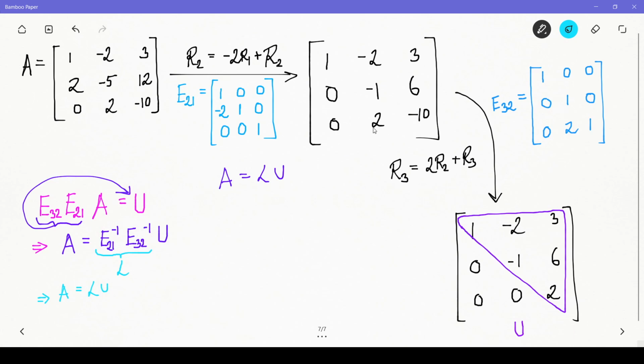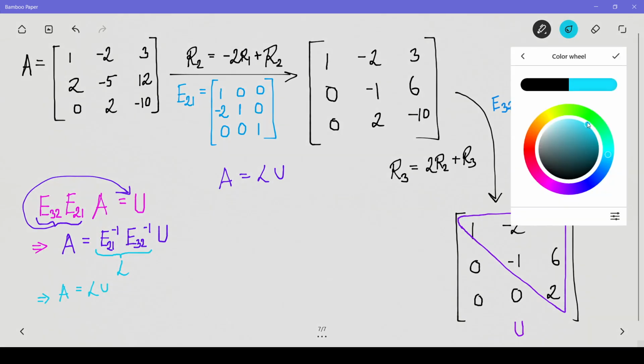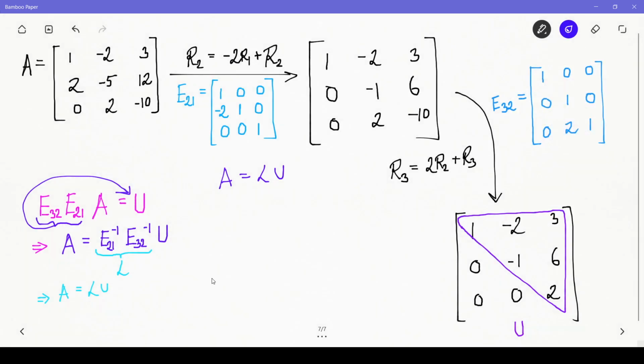Okay. So for this particular example, let's try to see what the inverse of the elimination matrices together will look like. One nice property of the elimination matrices is that when you calculate their inverse, you can simply flip the polarity of all the entries below the diagonal, and you will end up with the inverse version.